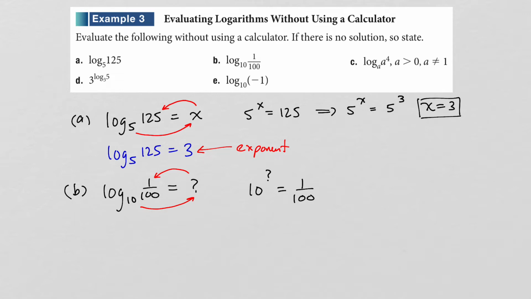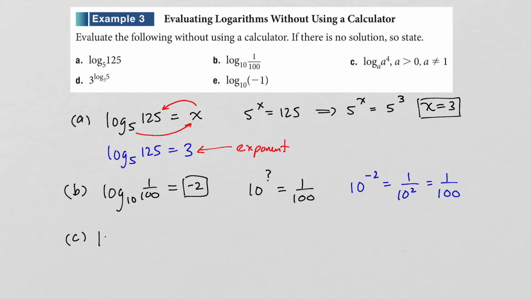Well, we know that 10 to the 2nd power is 100, but we want 1 over 100. So it must be negative 2, because 10 to the negative 2 means 1 over 10 squared, and that would be 1 over 100. So just by understanding what it means when you talk about a logarithm, we know that this must be negative 2.